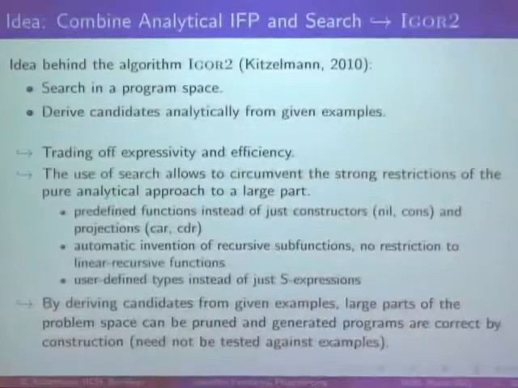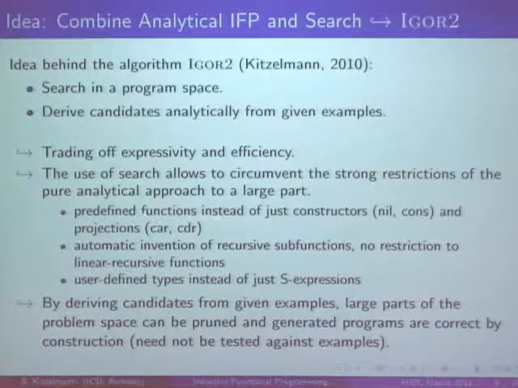If we allow for searching in a program space, this circumvents the strong restrictions of the analytical approach to a large part. For example, IGOR2 is able to use predefined functions by the user and not just these primitives, car, cdr, and cons, and so on. And it is able to automatically invent recursive subfunctions, for example.